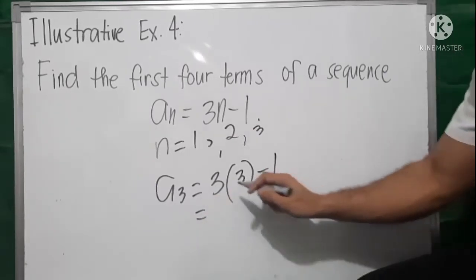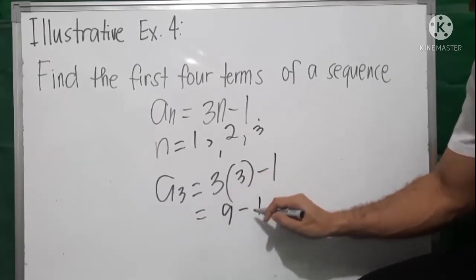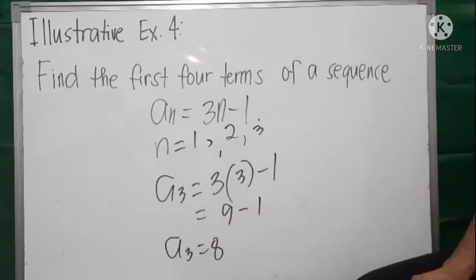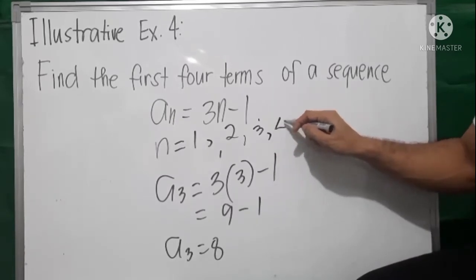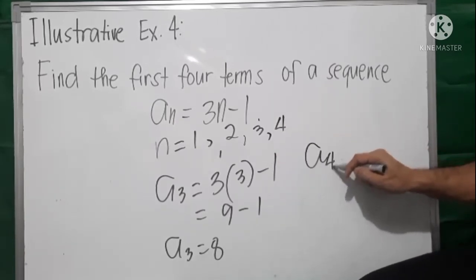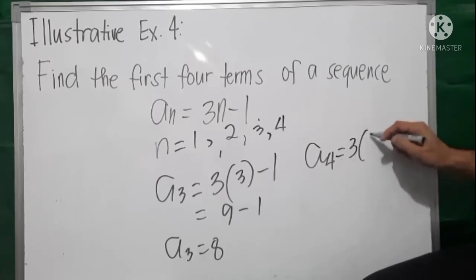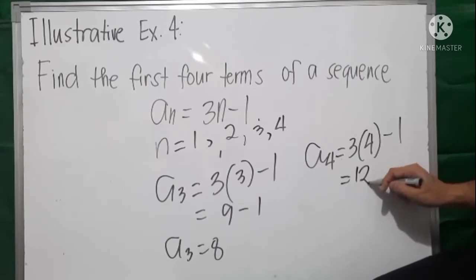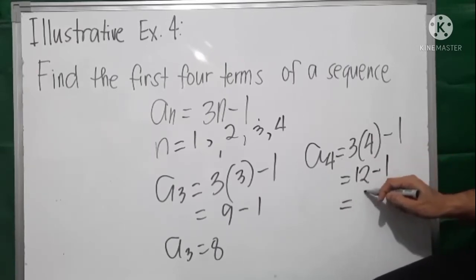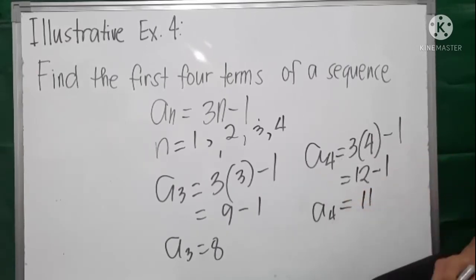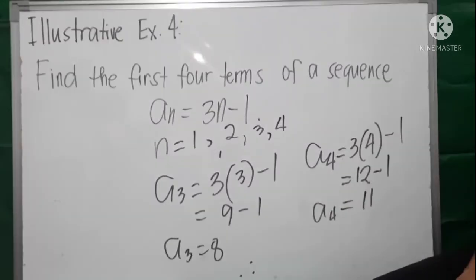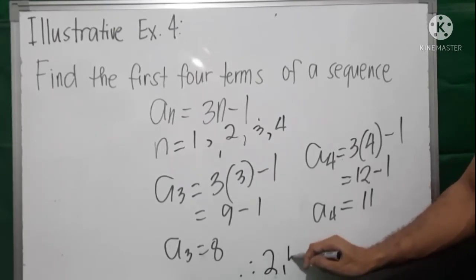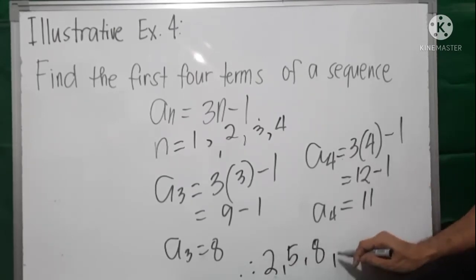Then let us simplify. 3 times 3 is 9. Subtracted by 1. Therefore, a sub 3 is equal to 8. Then, to find a sub 4, we are going to substitute n by 4. So, therefore, a sub 4 is equal to 3 times 4 minus 1. Then, let us multiply. 3 times 4 is 12 minus 1. We have 11. So, a sub 4 is equal to 11. So, therefore, the first 4 terms of the sequence are 2, 5, 8, and 11.